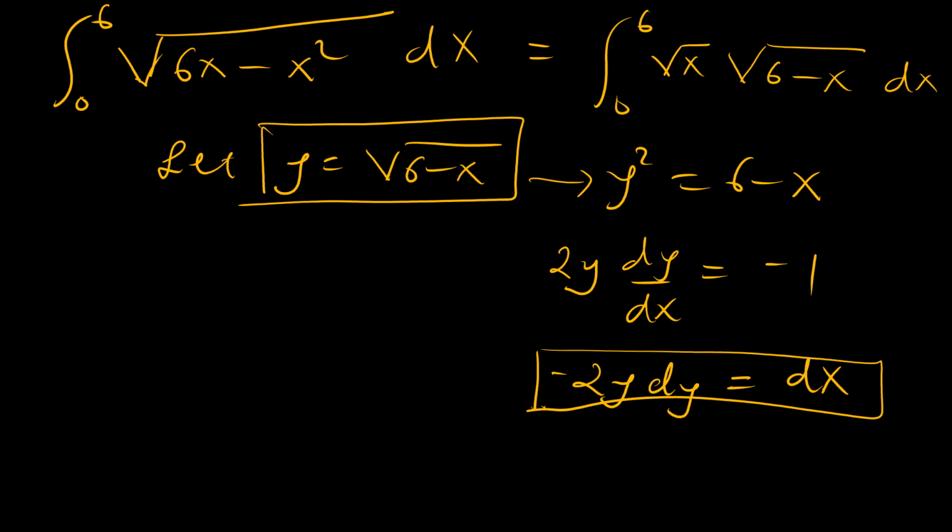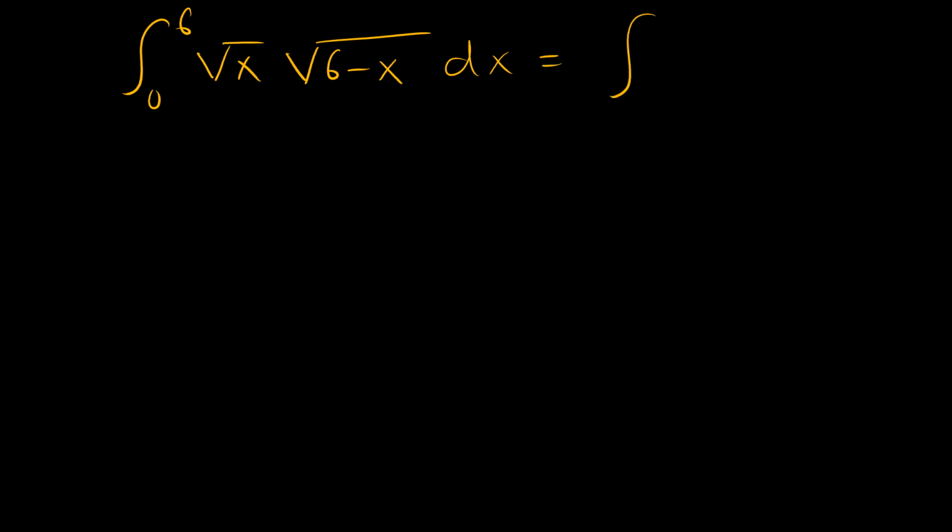And then now we can look at the limits. When x equals 0, looking at this, we have square root of 6. When x equals 6, we have 0. So in other words, our integral from 0 to 6 of the square root of x times the square root of 6 minus x dx would be equal to, with respect to 0, that corresponds to root 6 in the y domain.